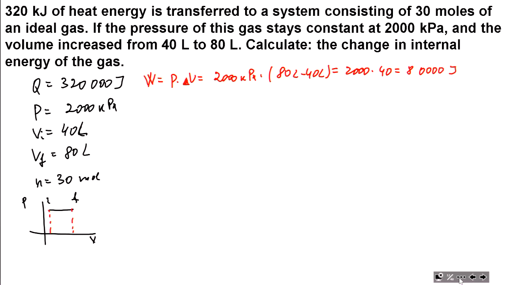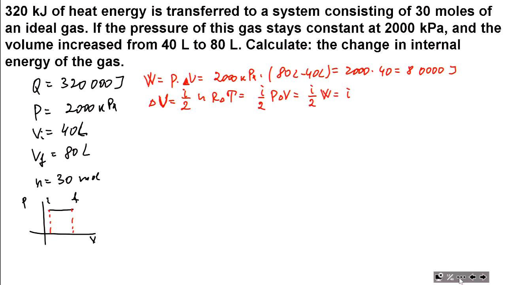Now, we need to calculate the change in the internal energy. And we have two options. One relates internal energy and temperature. Second relates internal energy and, in this particular case, work.